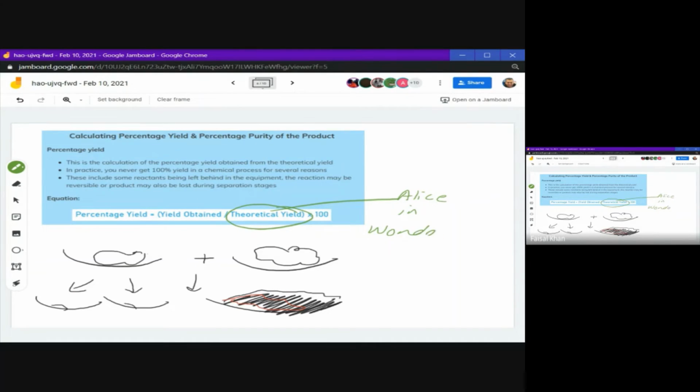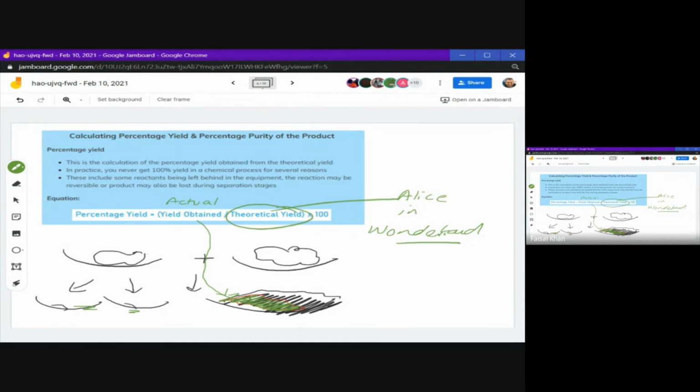The reality when you're in a lab is that you are not in Wonderland, and you're left with quite a bit less. So this amount over here is the actual yield obtained. This calculation, percentage yield, gives you an idea of how badly your experiment has failed in making desirable product.